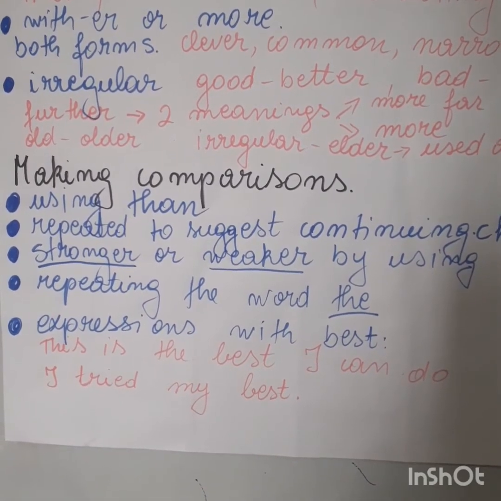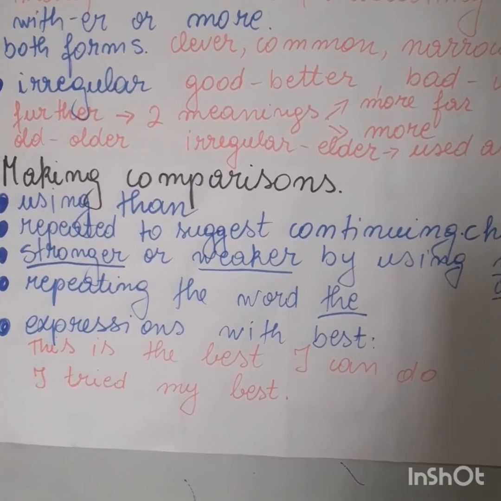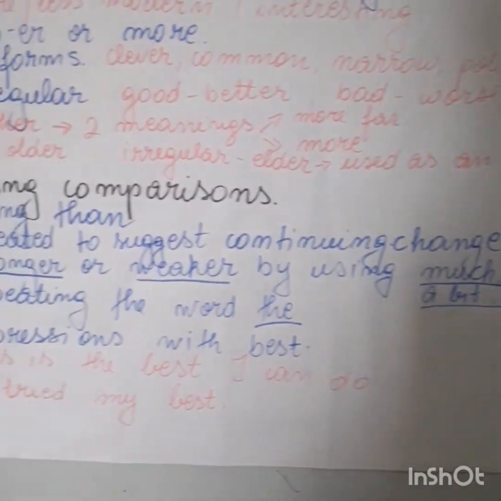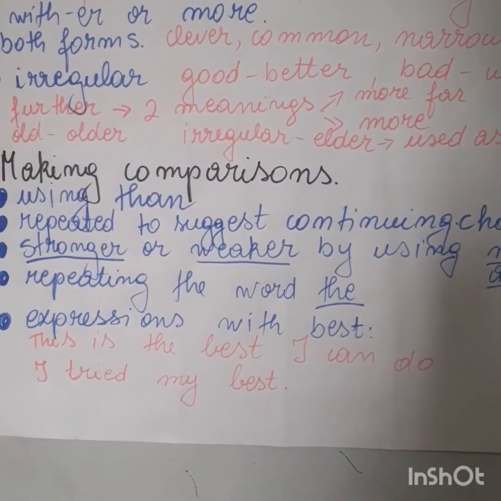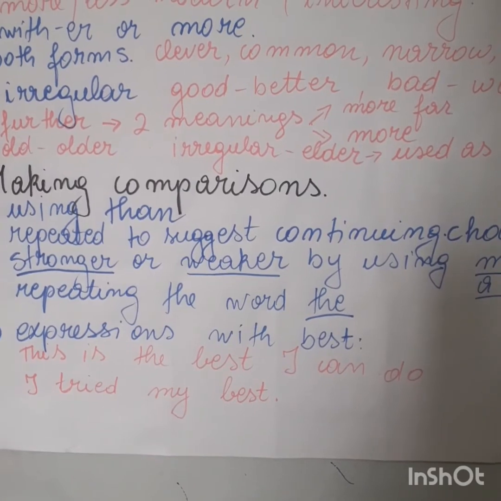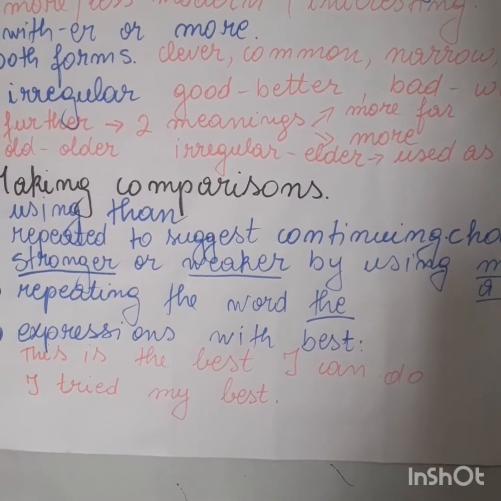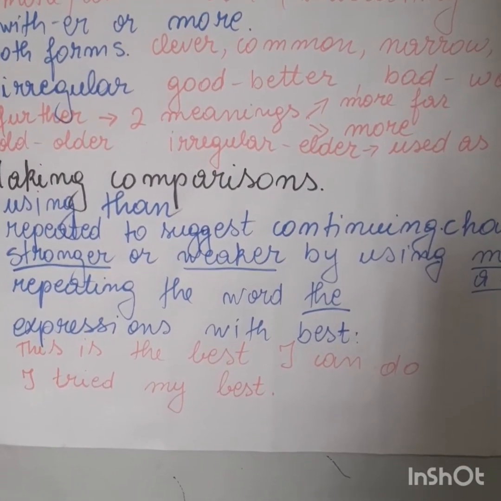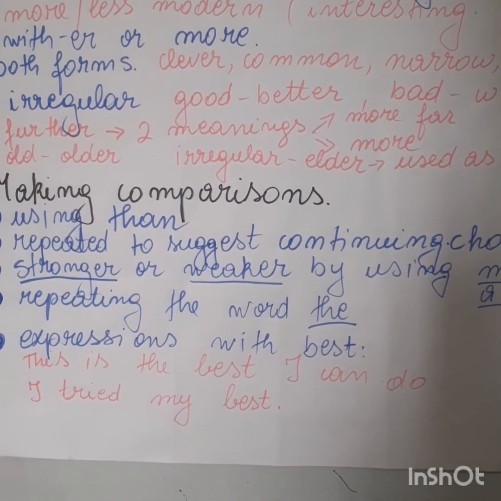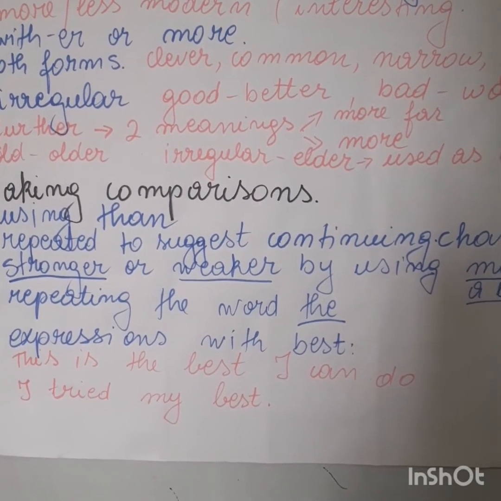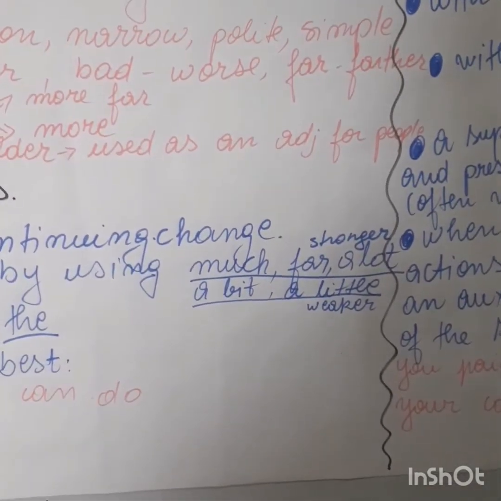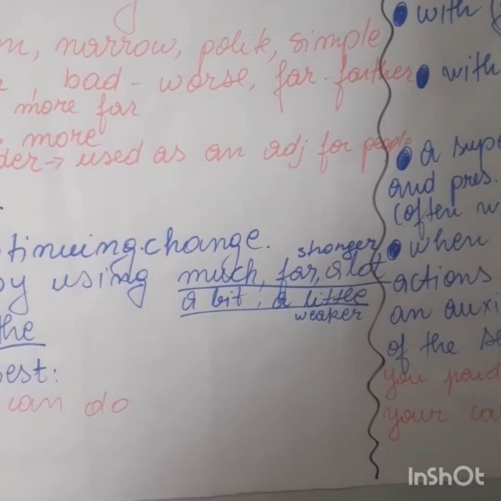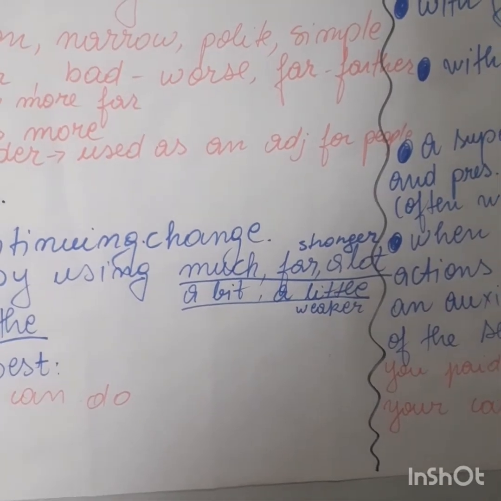Comparatives can be repeated to suggest continuing change. For example, this lesson seems to be getting longer and longer. Jim started feeling more and more tired. Comparatives can be made stronger or weaker by using much, far, a lot.